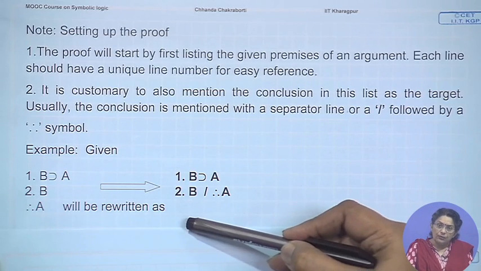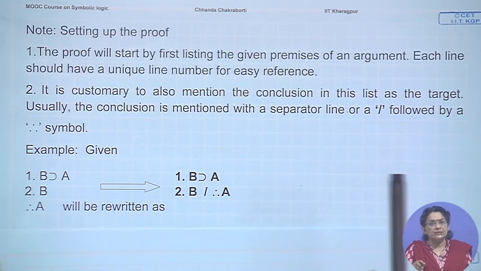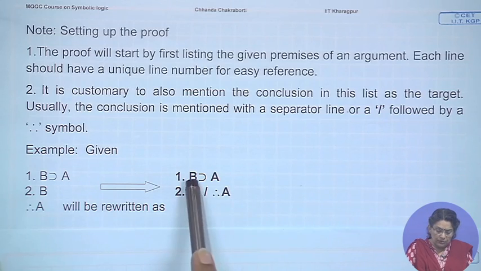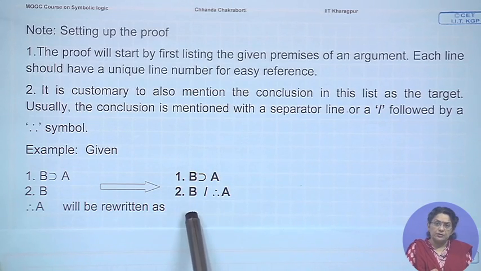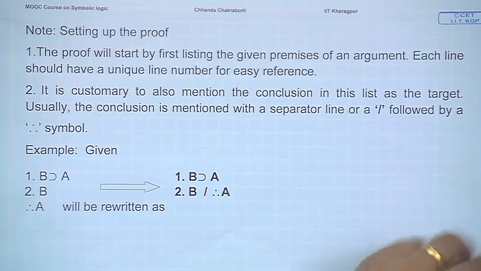Whatever you do next is not given. There will be line numbers to this and so on, but this is how the given is set up. The conclusion is stated here, the premises are also stated here with line numbers. That is your beginning point, and then comes how to go further.